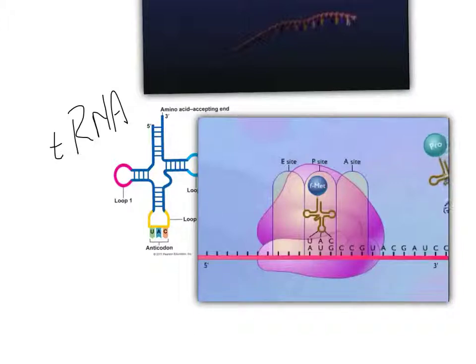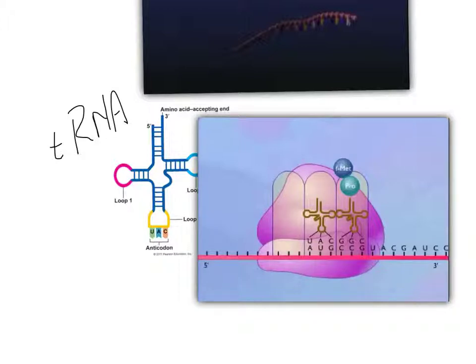So in comes another tRNA molecule, which has a different anticodon and a different amino acid associated with it. It binds by complementary base pairs here, C to G, C to G, and G to C. Then a peptide bond forms between the two amino acids.